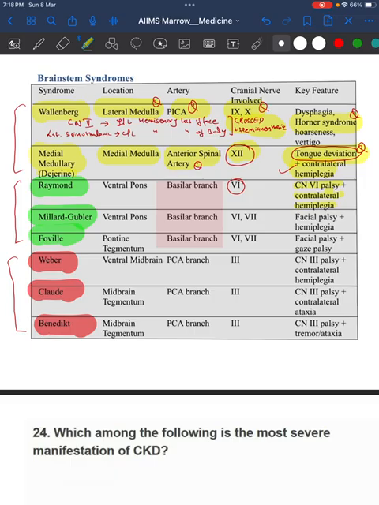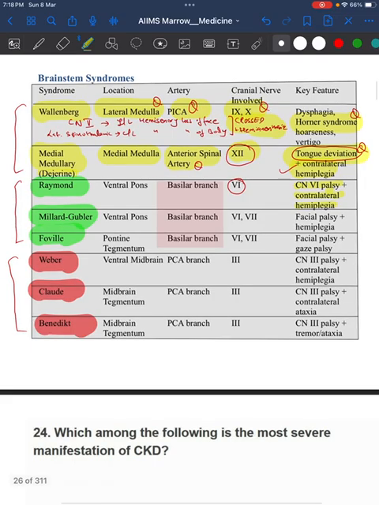Cranial nerve palsies are always ipsilateral with contralateral hemiplegia. Whereas in Millard-Gubler there will be facial palsy with hemiplegia. So if there is 6th nerve palsy with hemiplegia, it is Raymond syndrome. If there is 7th nerve palsy with hemiplegia, it is your Millard-Gubler. These two are the most important and the most confusing. Coming to the last, if there is facial palsy but no hemiplegia, then it will be Foville syndrome.